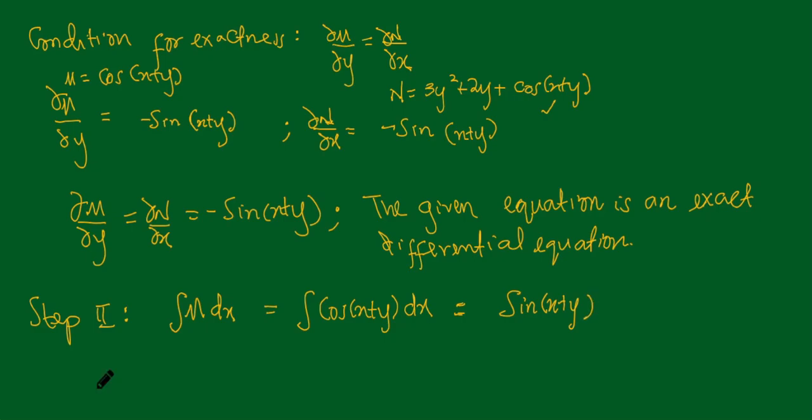So we've completed step two. We now have to evaluate step three, which is to integrate with respect to y only those terms of N which do not contain x. So here's what we do in step three.